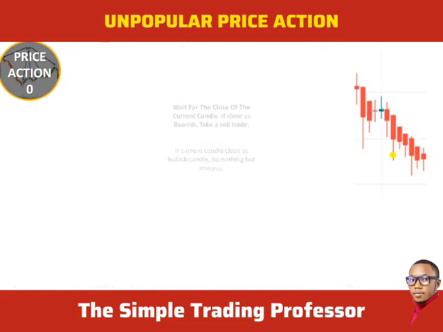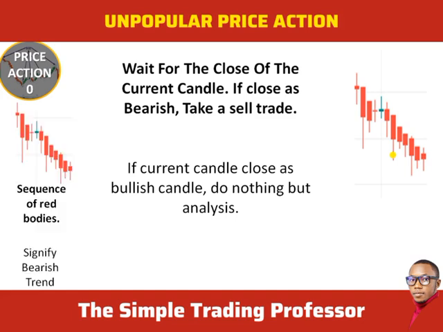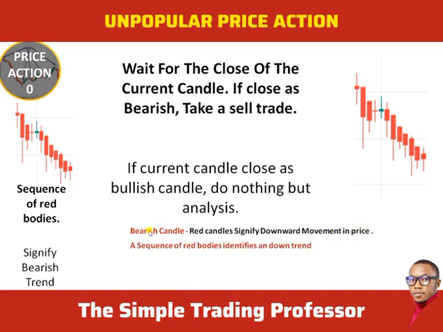Now the second one you want to see is a sequence of red bodies. It signifies a bearish movement. Again, take note, a bearish candle is a red candle and it signifies a downward movement in price.